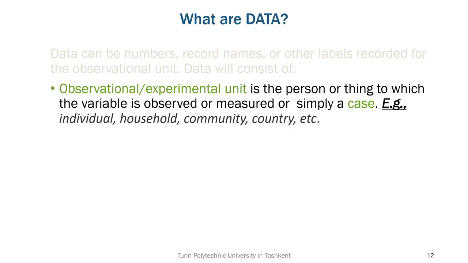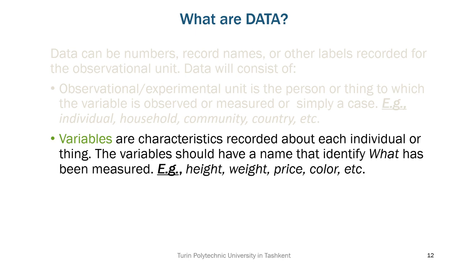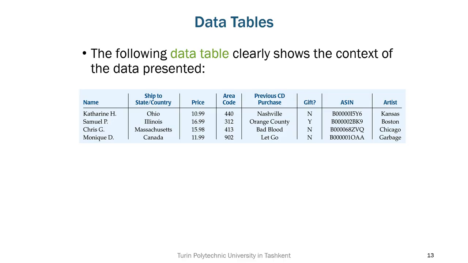Like we can see here, individual, household, community, and country. These things can be a variable which can be used to predict and analyze other things. Like we can see here, variables.